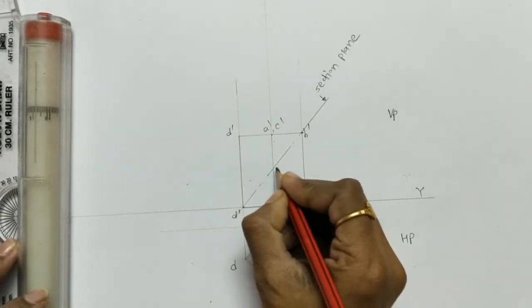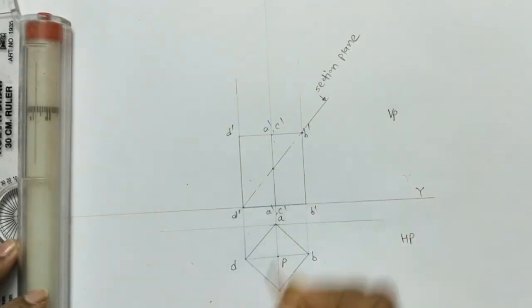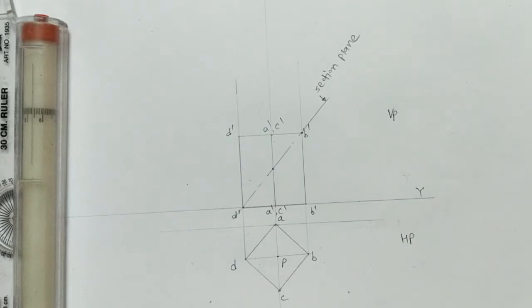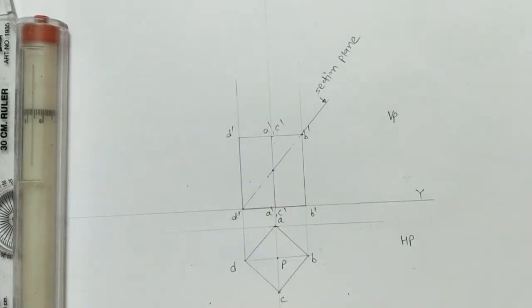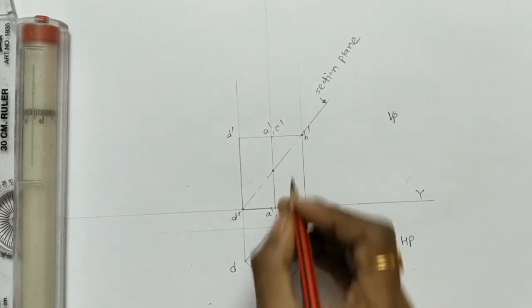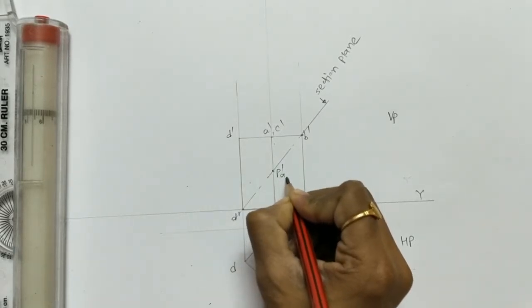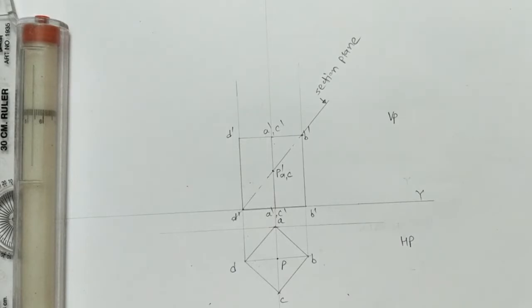Now give name to this point as point, this is center P. So P dash AC, P dash AC, as 2 points are there. So P dash AC.